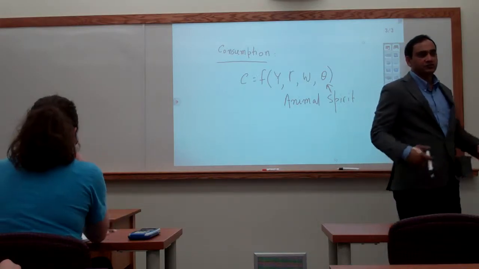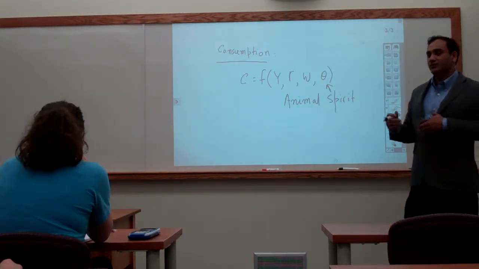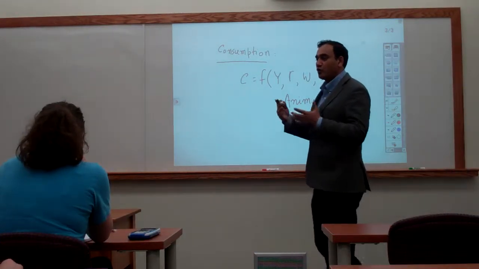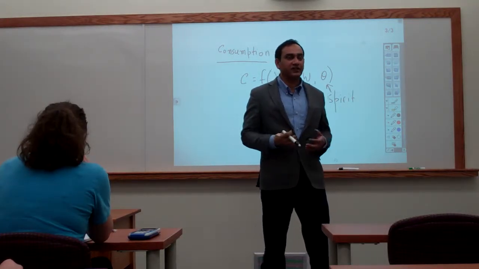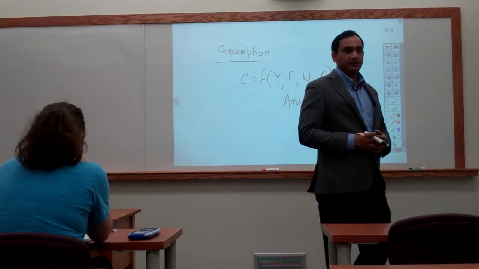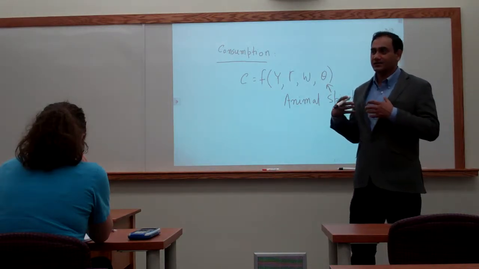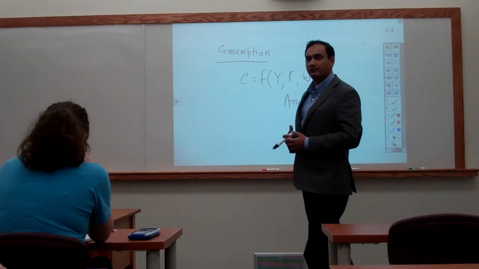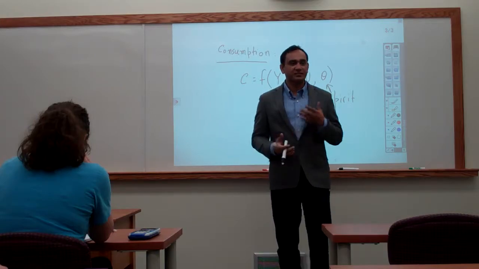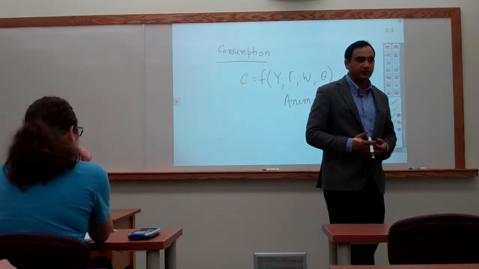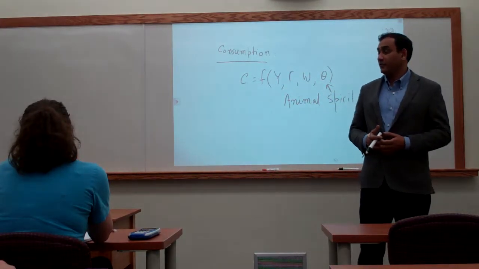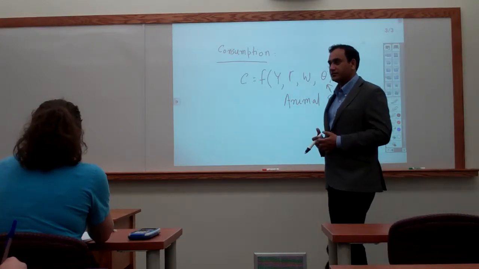Okay, so if theta is increasing, you can think of people becoming more optimistic about the future state of the economy. Okay. And if theta is decreasing, let's think of people becoming pessimistic about the future state of the economy. And that will also drive your consumption patterns, isn't it?